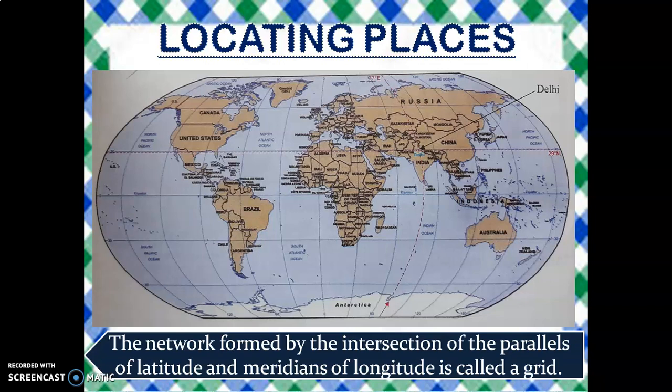So Delhi lies at the intersection of these two lines, one longitude and one latitude. In a similar way, we can locate any place on a globe or on a map. One thing which you need to know is that when we are using Google Maps, they are also locating different places on the earth with the help of the intersection of latitudes and longitudes.